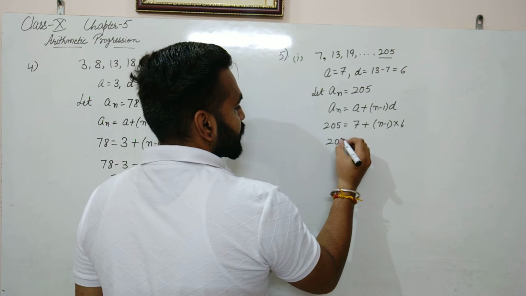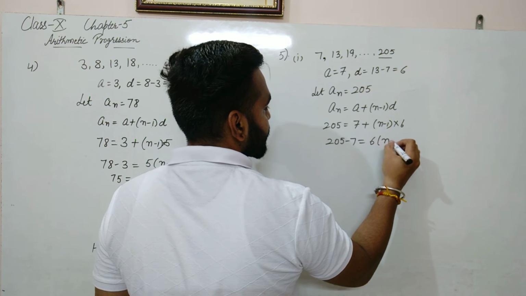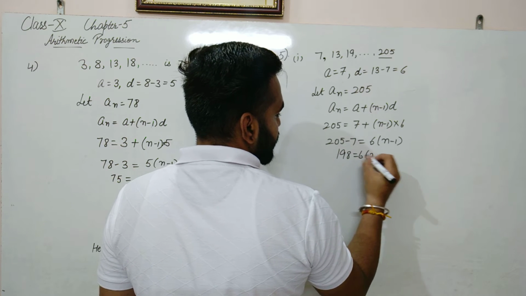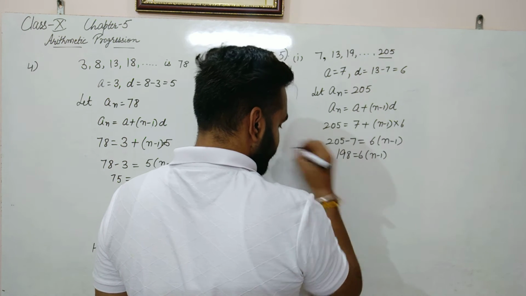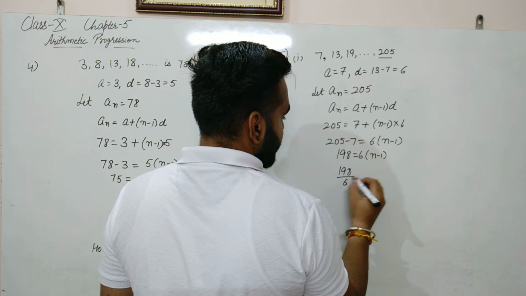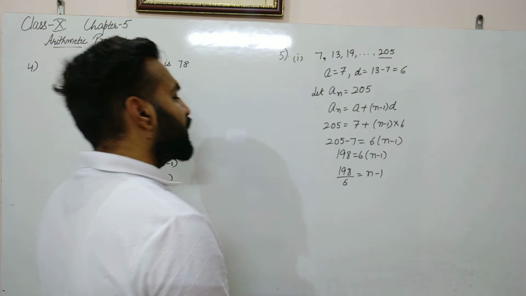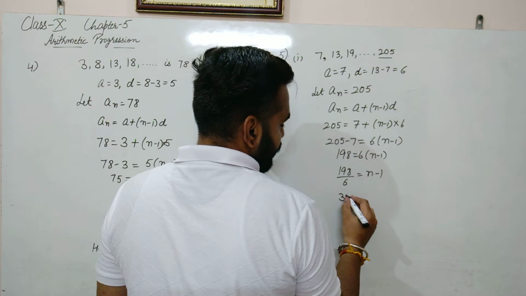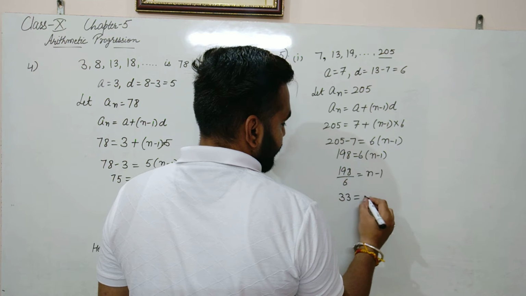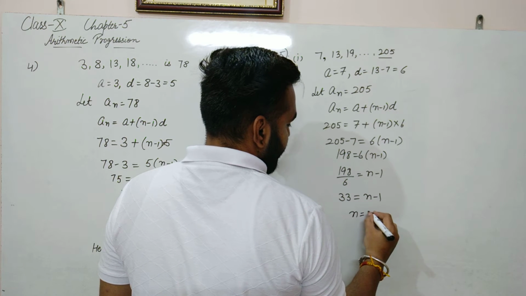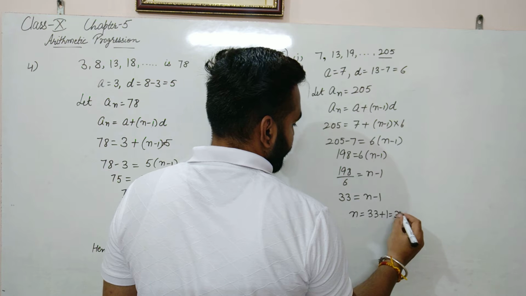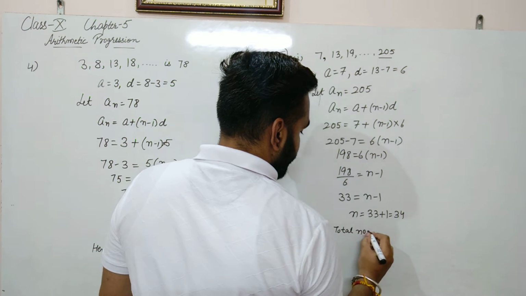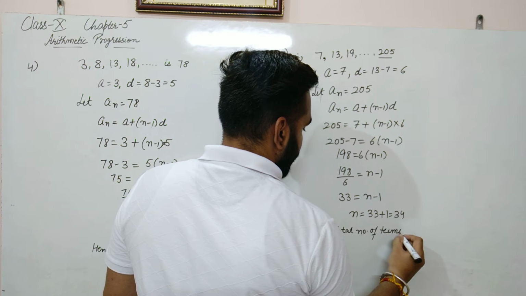So this will be 205 minus 7 equal to 6 into N minus 1. 198 is equal to 6 into N minus 1, so 198 by 6 is equal to N minus 1. Dividing 198 by 6 gives 33. From here N will be equal to 33 plus 1, 34. So the total number of terms is equal to 34.